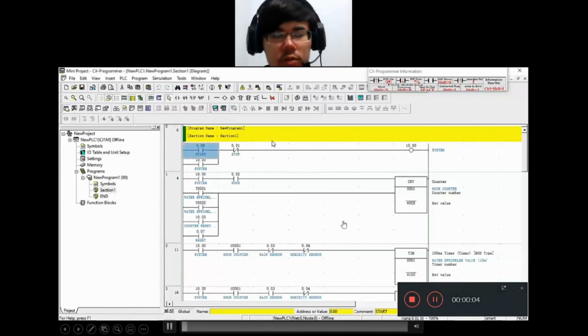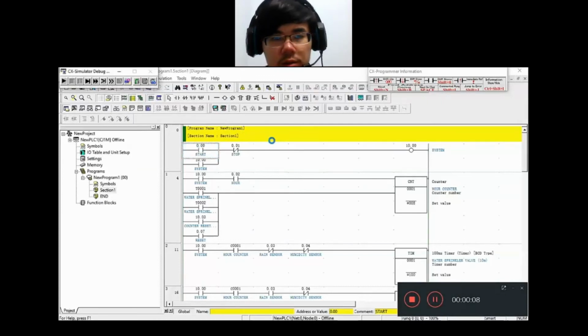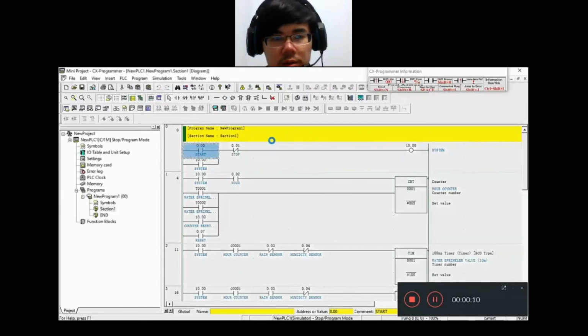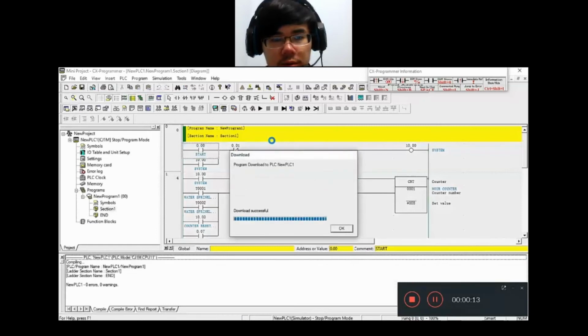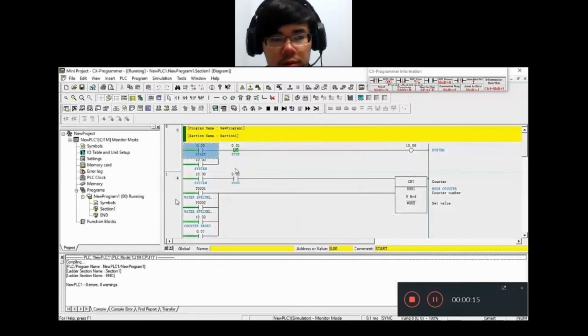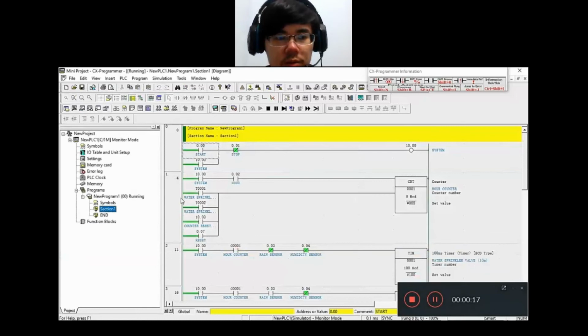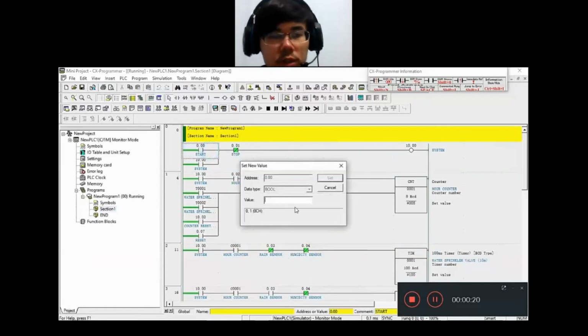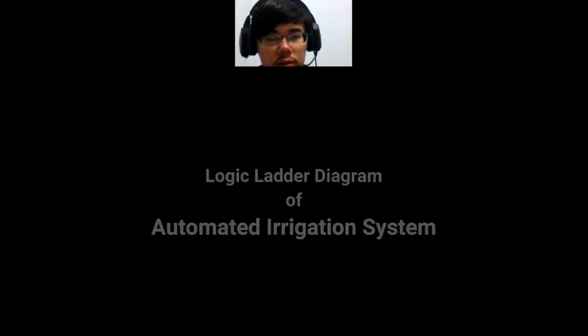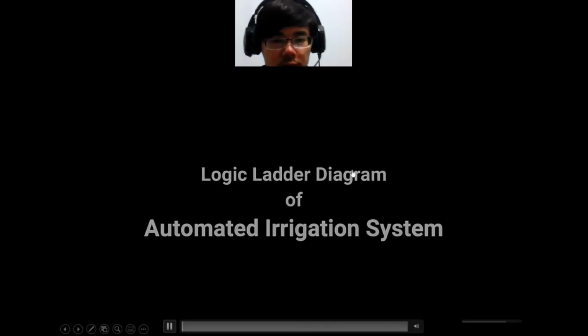Right, first the system is online. The start button is pressed, so set the value to 1.